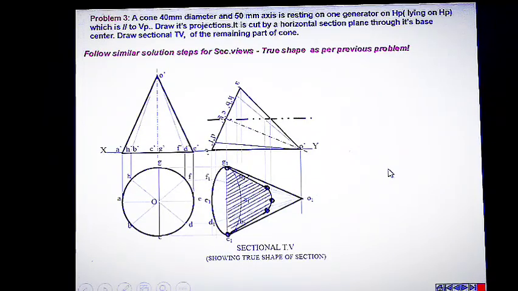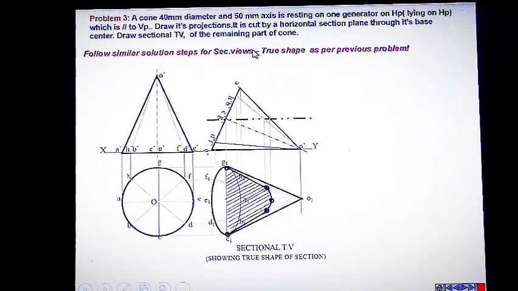Okay, now how can we draw the true shape of the section? Here in this case, the obtained shape is the true shape because the cutting plane is parallel to the horizontal plane and the observer looking from the top can see the true shape of the section.